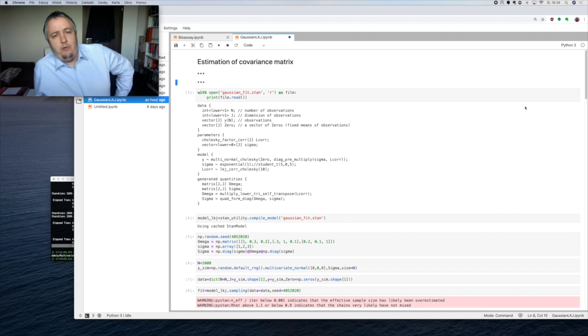What is our model? We will be focusing on taking multiple samples from a multivariate Gaussian distribution without assuming that the mean is equal to 0, because that doesn't make much difference in what we want to do.